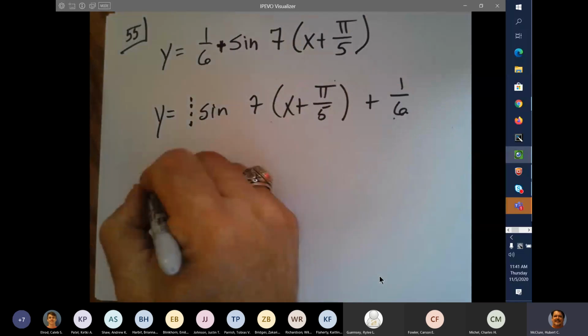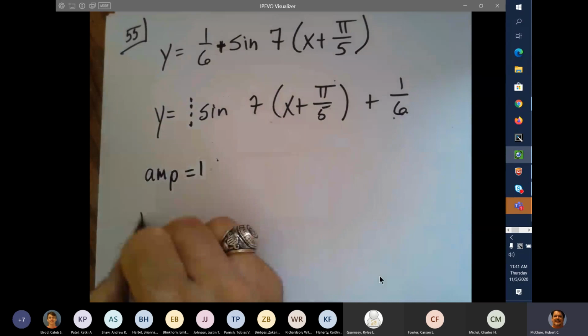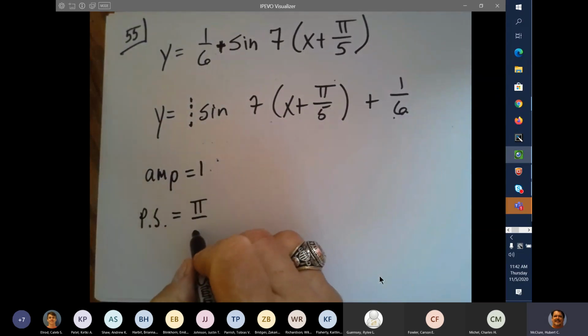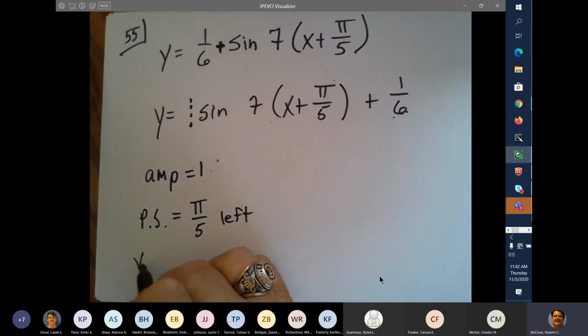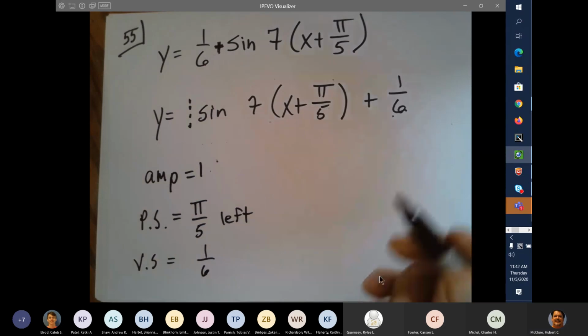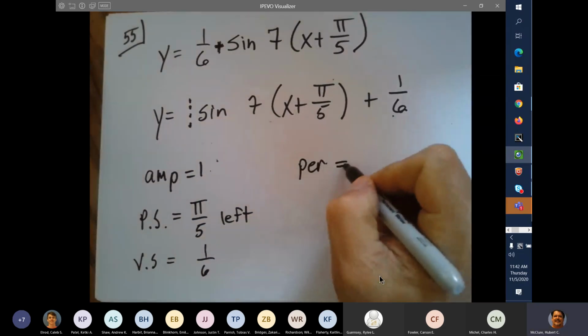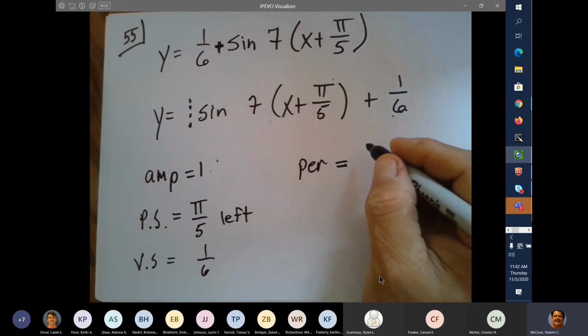So our amplitude is equal to 1. Our phase shift is equal to pi over 5 left. Vertical shift is 1/6 up. And period is equal to 2 pi over 7.